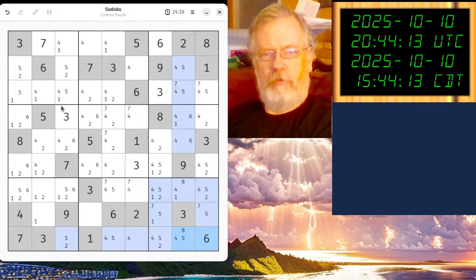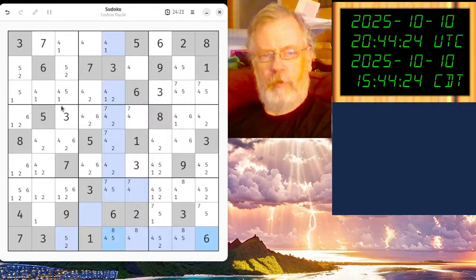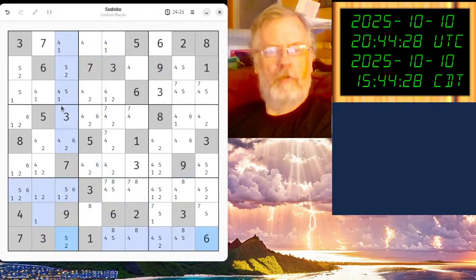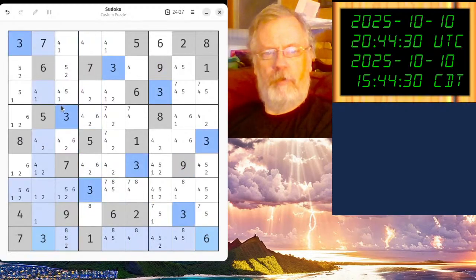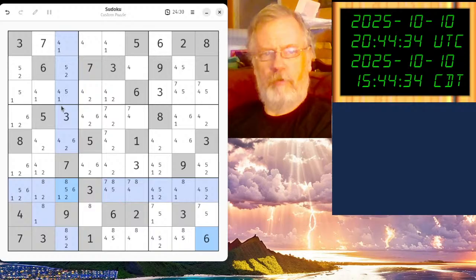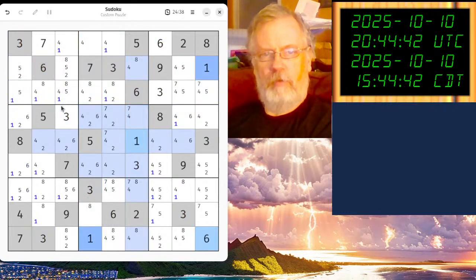Two eights here. I believe this ends up being an 8, but I don't have the guidance on that yet, so we've got four possible 8s here, three possible 8s here, three possible 8s here, and two possible 8s here.